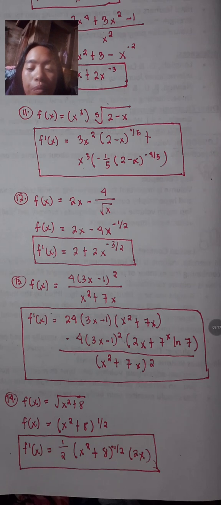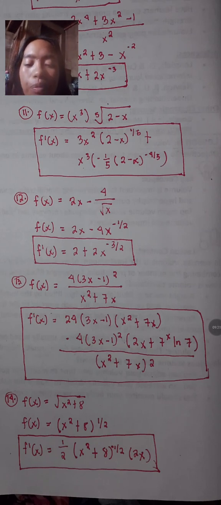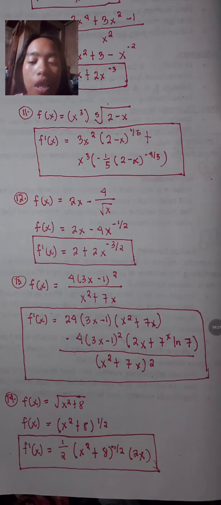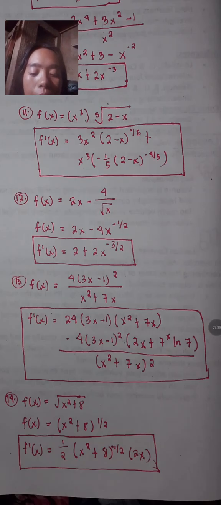So we attain this form: 24 times the quantity of 3x minus 1 times the quantity of x squared plus 7x minus 4 times the quantity of 3x minus 2 squared times 2x plus 7x ln 7 over x squared, the quantity of x squared plus 7x raised to 2. That is our answer.